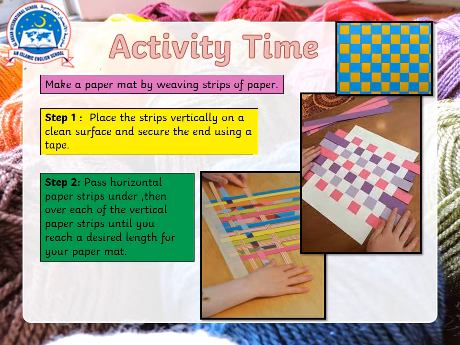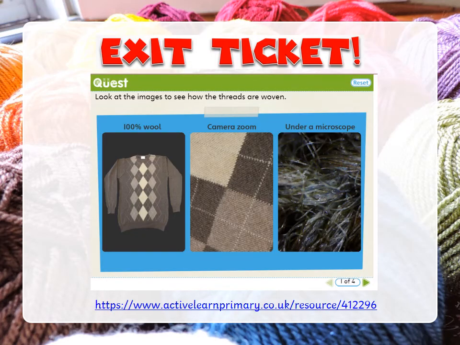Step 2. Pass horizontal paper strips under and over each vertical paper strip until you reach the desired length for your paper mat. Have fun with this activity, see how weaving works and create your own beautiful paper mats. Don't forget to share pictures with your teacher.